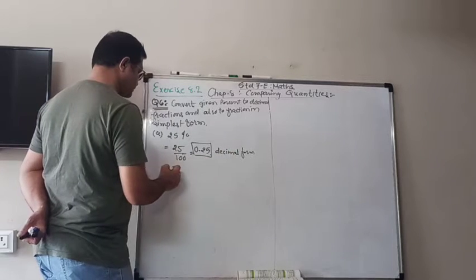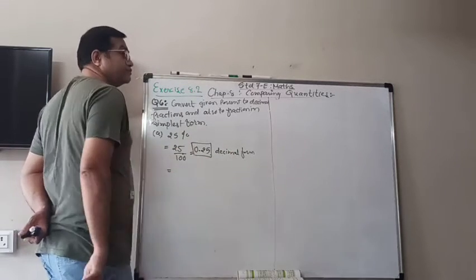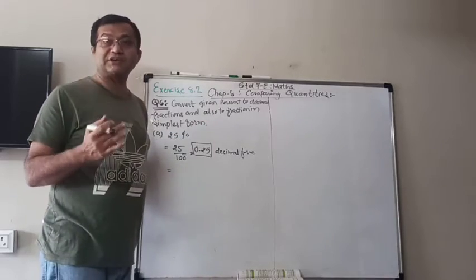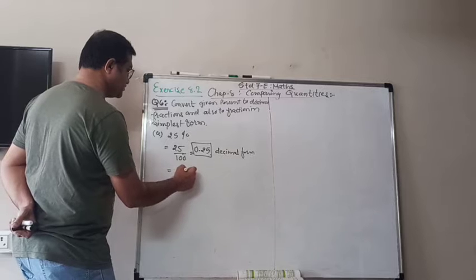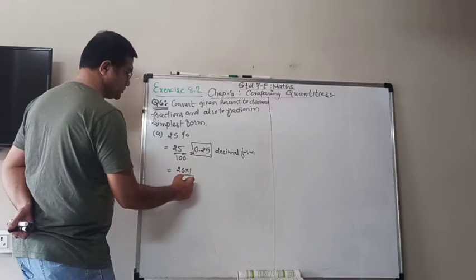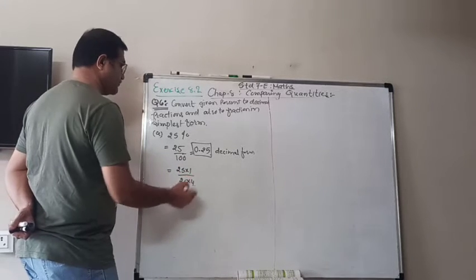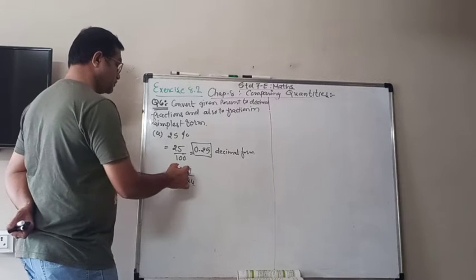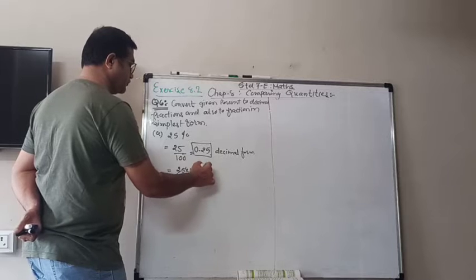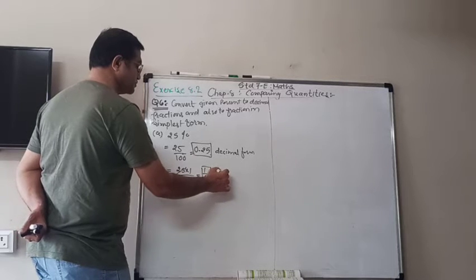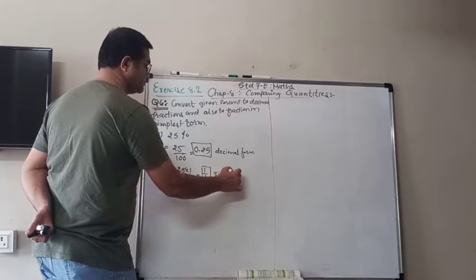Now we have to carry on to convert it into the simplest form also. So we know that 25 ones are 25, 25 fours are 100. So when we do the cancellation, 1 upon 4 is the simplest form.